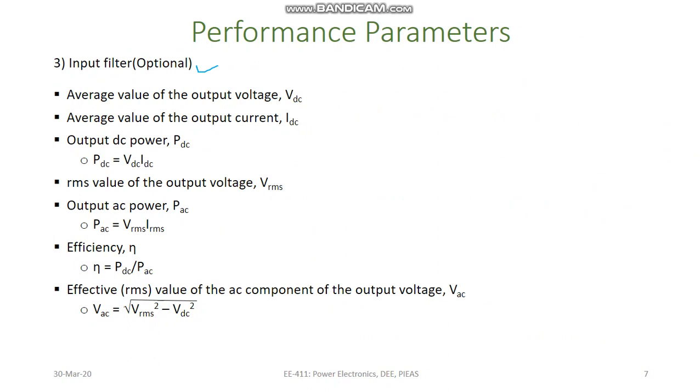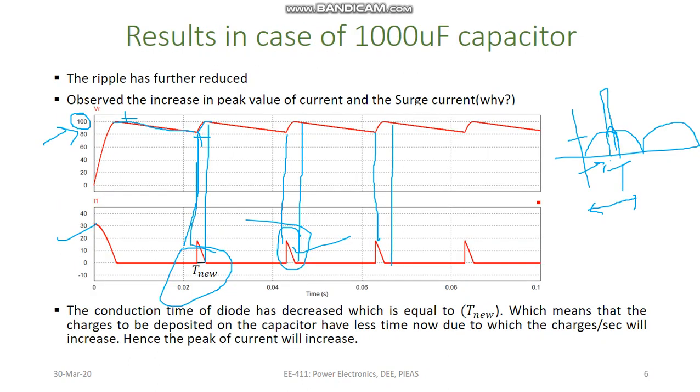There is another thing I wanted to discuss related to this surge current. It might be possible that you have gone through different calculations or designing and you have considered all the values: RMS value, peak value, average value and peak inverse value of the diode. But most people tend to ignore this I surge.